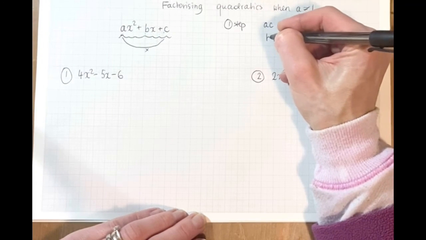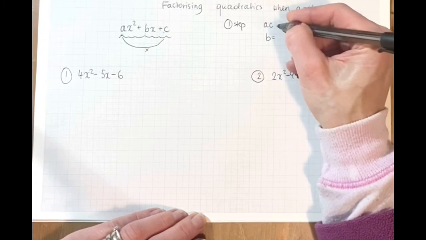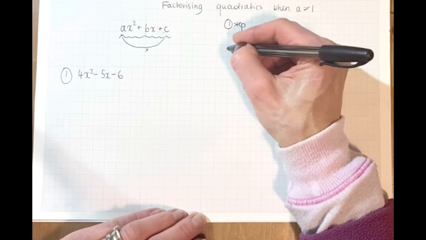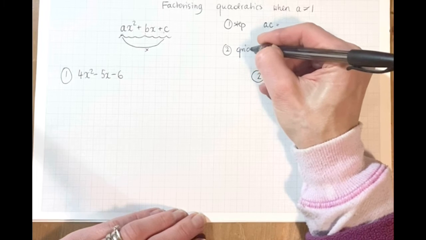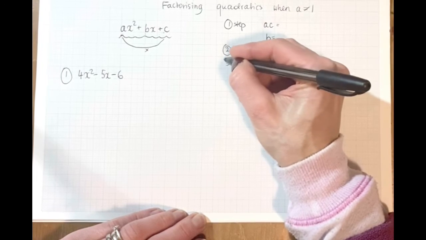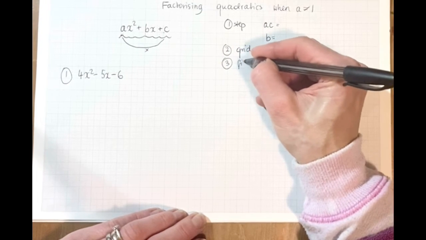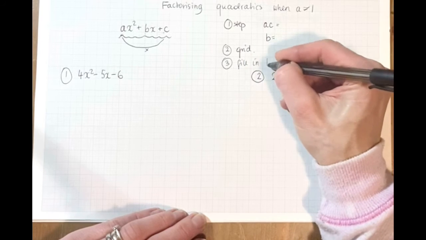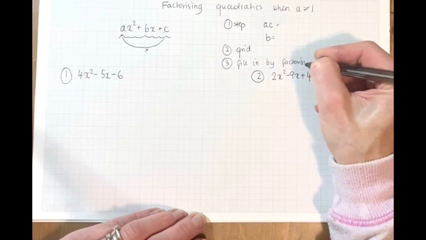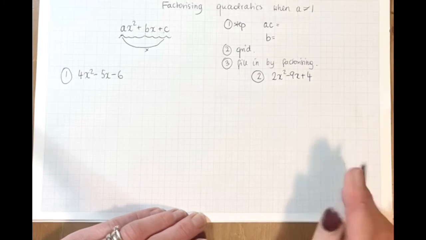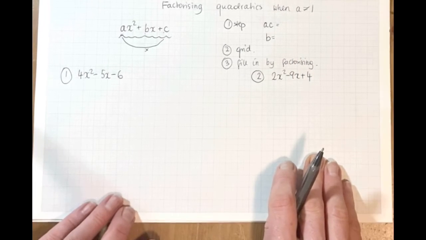Then you're going to write what b is, and then we're going to do the grid, which you will have to fill in by factorizing. So let me explain by doing this example.